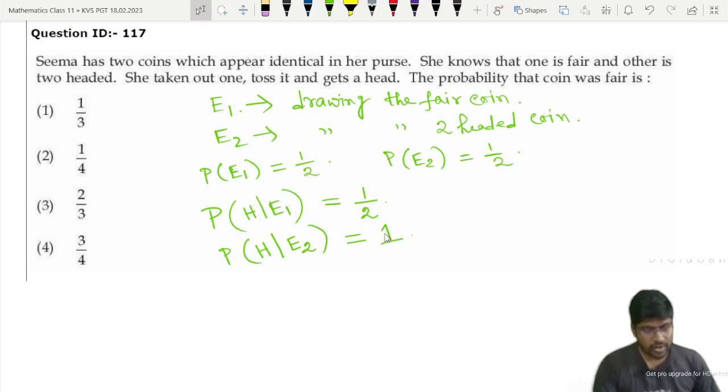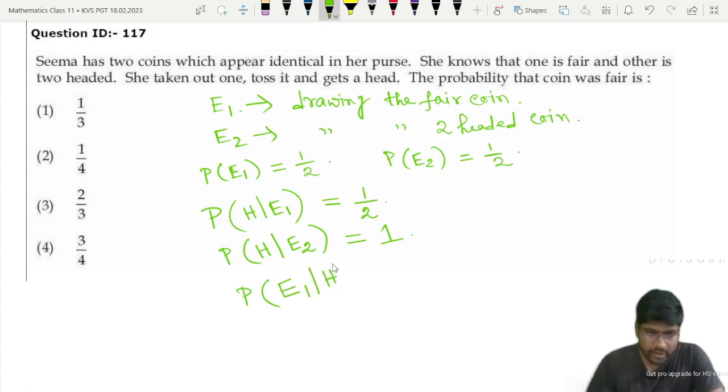So we have to find probability of E1 given A. Head has already occurred, so we have to find the probability that the coin is fair.